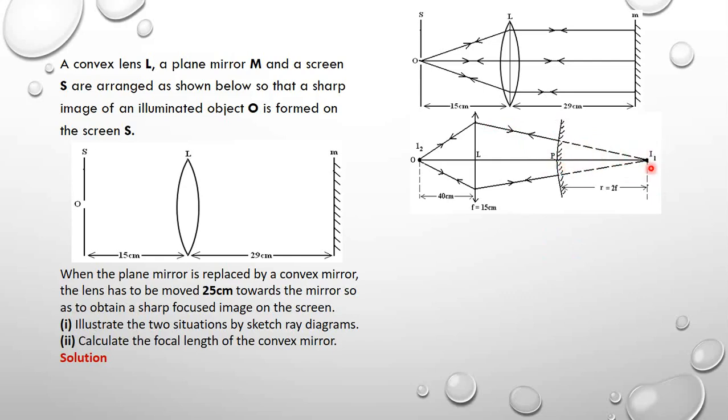But we know that the radius of curvature is twice the focal length. So if we want to get the focal length, we need to get the distance R.